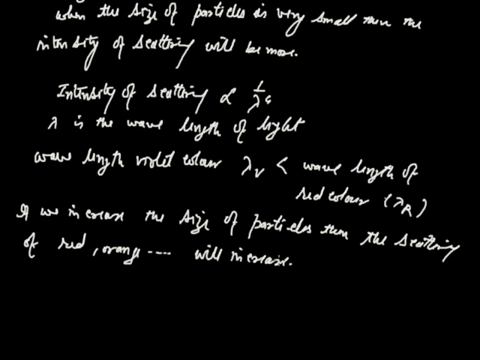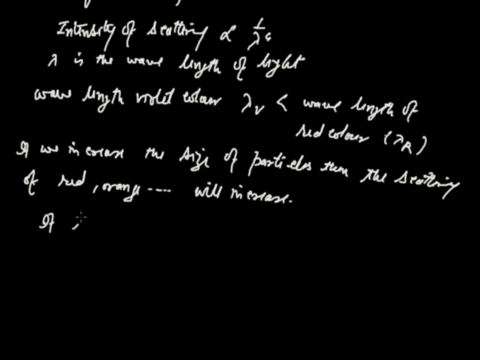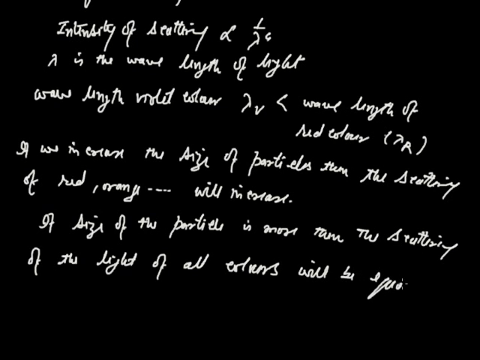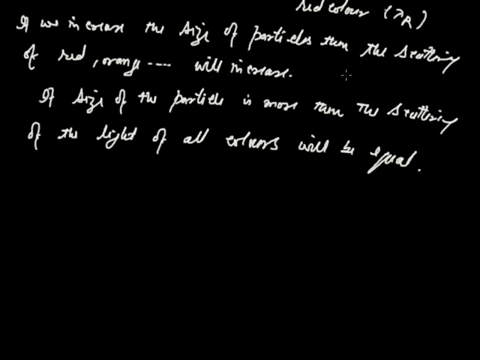If the size of the particles is more, then all the colors will scatter equally. If the size of the particles is more, then the scattering of the light of all colors will be equal in amount.